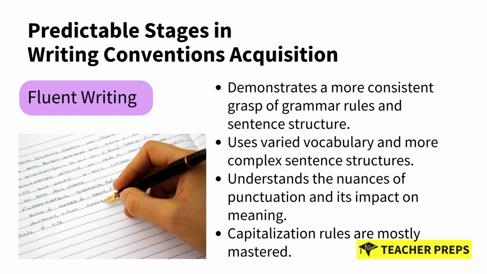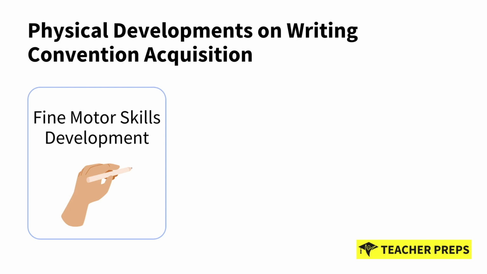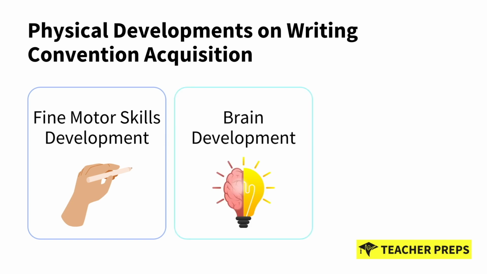Now that we've had a good refresher of the predictable stages in writing conventions and acquisition, let's move to our next topic in this standard, which is understanding the physical developments and their impacts on writing convention acquisition. There are 3 main branches in this area that you'll want to be on the lookout for your exam, and these include fine motor skills development, which we see as the ability to grasp a pencil and manipulate it.